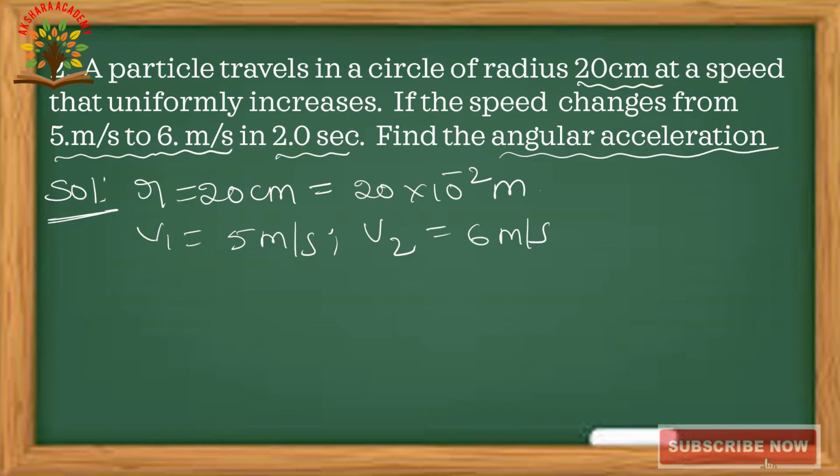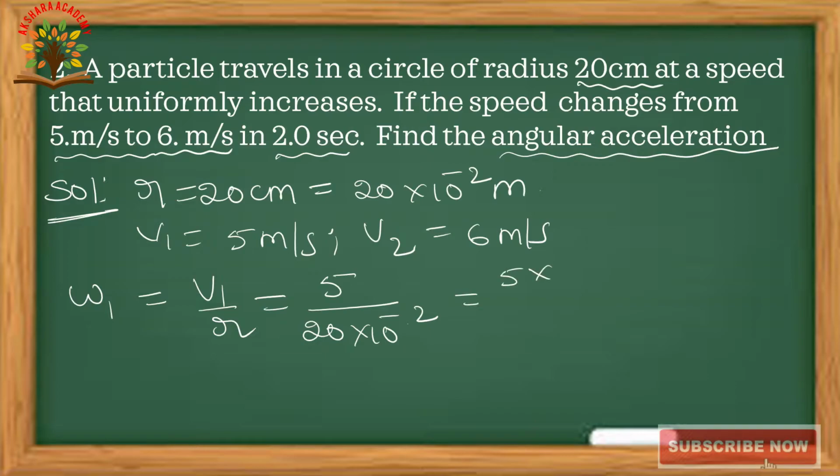First we have to calculate omega 1 and omega 2. Omega 1 is equal to v1 by r, that is v1 nothing but 5 by r nothing but 20 into 10 to the power of minus 2. And then 10 to the power of minus 2 in the numerator becomes 10 square by 20, that is 500 by 20.